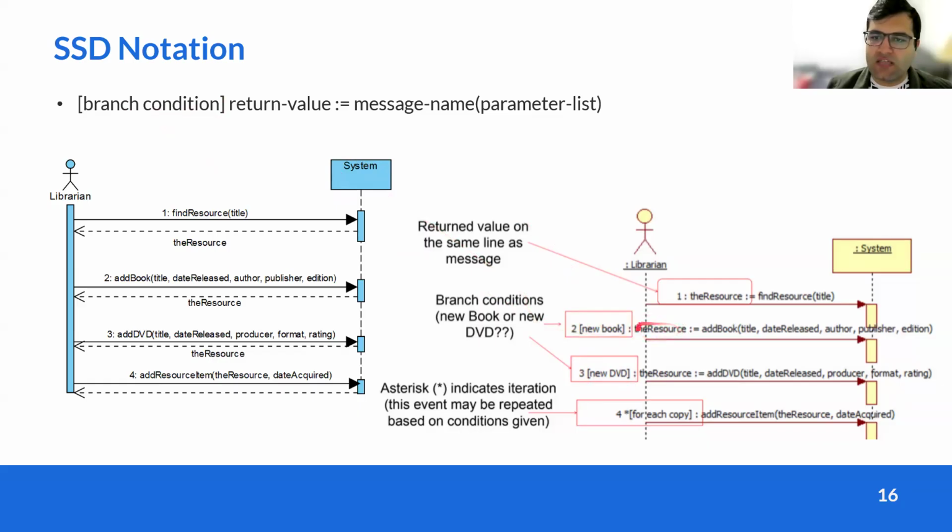When I do this, I want to get the resource in return. So that's what you write next. And then colon equals, and then what the message name is. In this case, we're adding book, we're adding DVD, we're adding resource items. And then what information are you passing along?